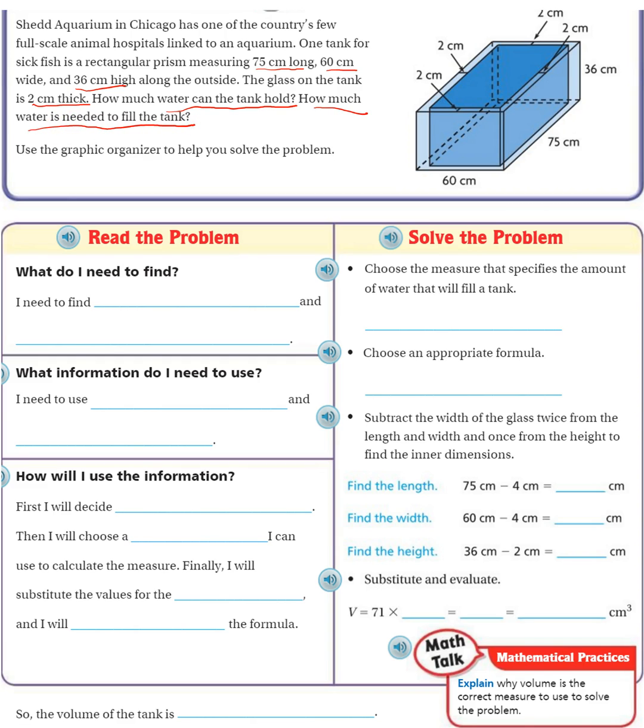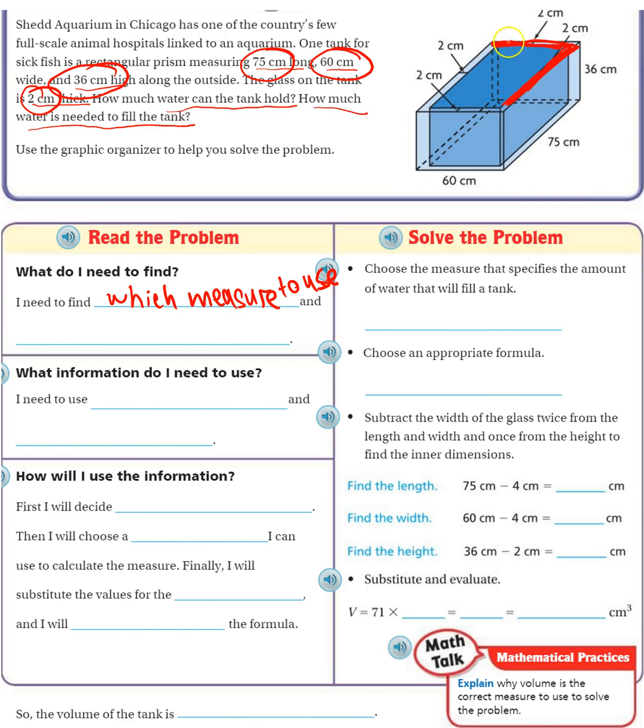All right, what do I need to find? I need to find which measure to use. And what that means is they gave us these dimensions, but then they also told us that the glass is 2 centimeters thick.